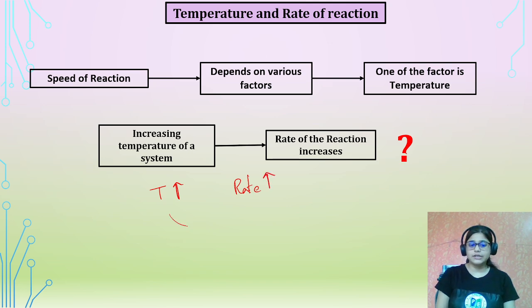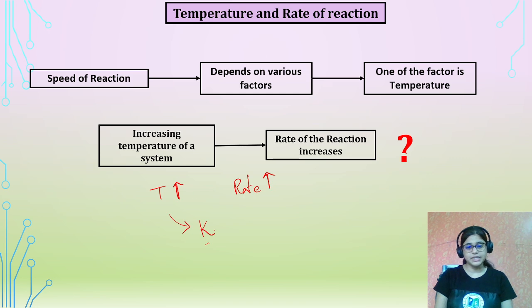Then experimental proof is there that temperature is not directly affecting the rate of reaction, it is actually affecting the rate constant value. Okay, the unit of rate constant depends on the order, right? You remember that? And so temperature has an effect on rate constant.